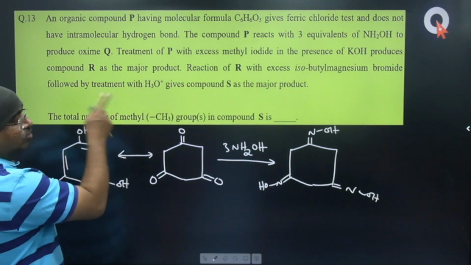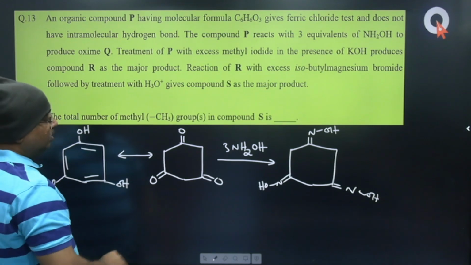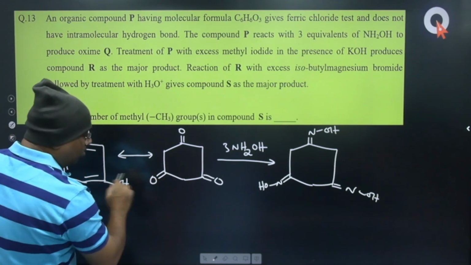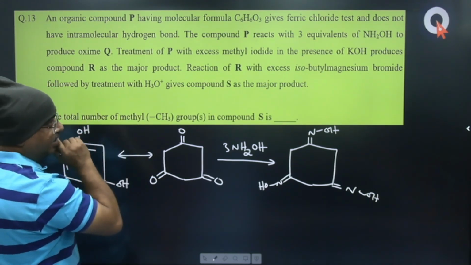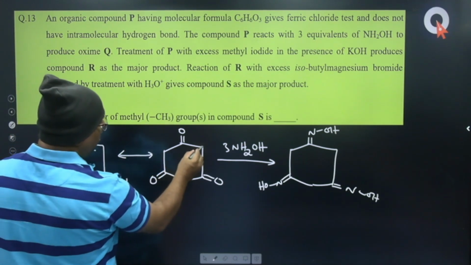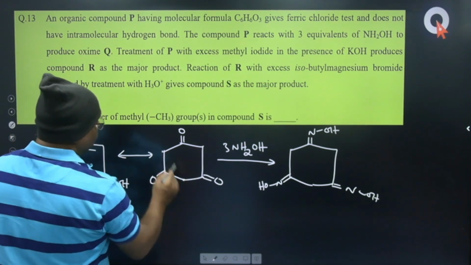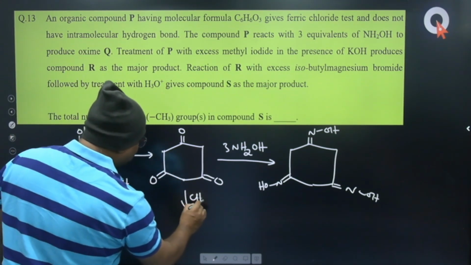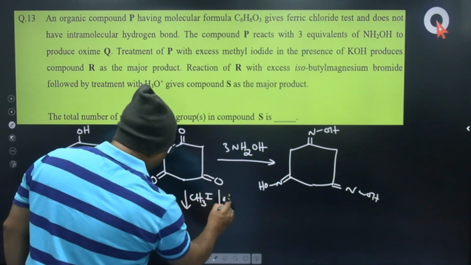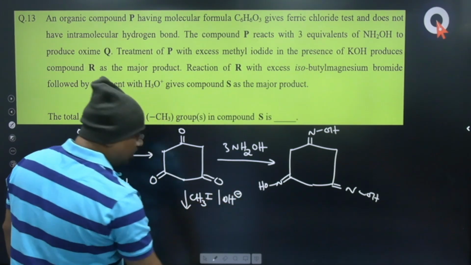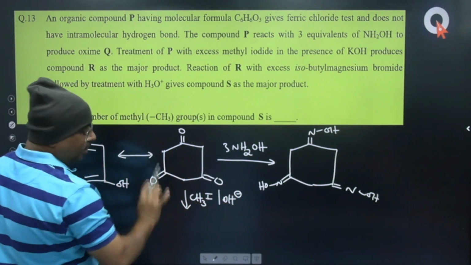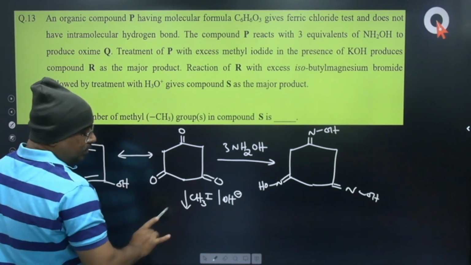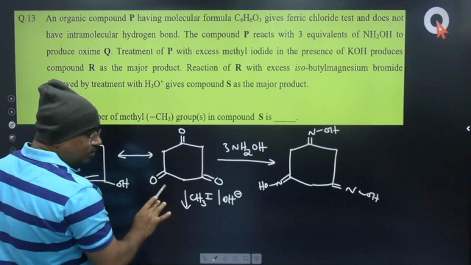But the reaction of methyl iodide with KOH: these are alpha hydrogens. So if you use excess methyl iodide in the presence of alkali, they can be replaced by CH3.